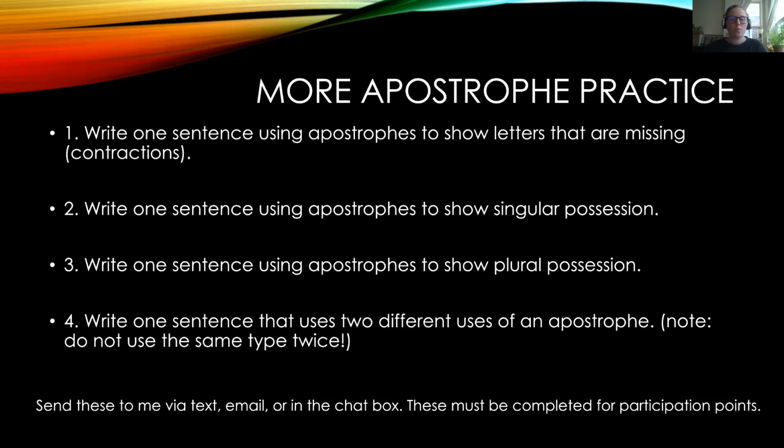And then write one sentence that uses 2 different uses of an apostrophe. Don't use the same type twice. So if you use a contraction, that's one type. So then you need to use one to show possession or to show plural of a lowercase letter. Don't use multiple contractions. That's just one type. Even if you use it multiple times, that's still just one type.